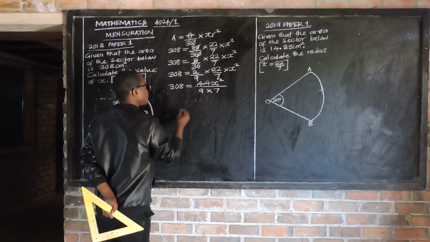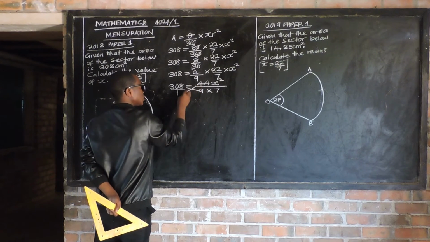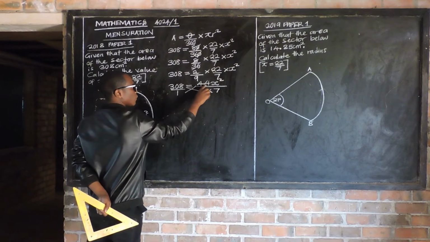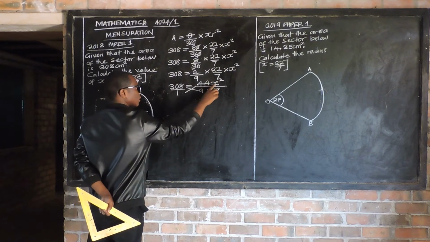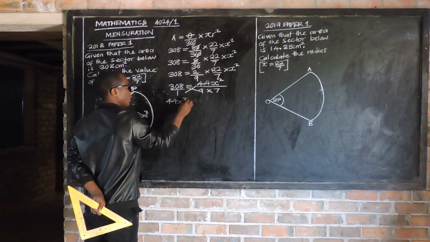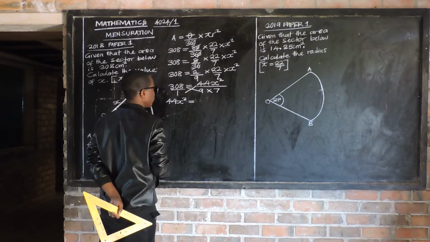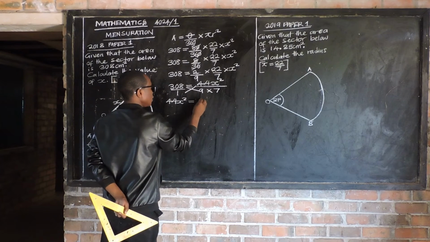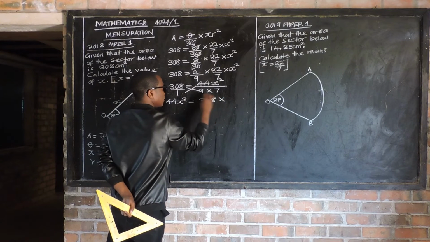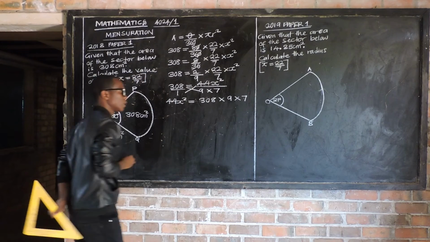So we can say over 1, then cross multiply. When cross multiplying, I'm going to multiply 1 by 44x squared. So 1 times 44x squared gets 44x squared, which is equal to 308 multiplied by 9 multiplied by 7.